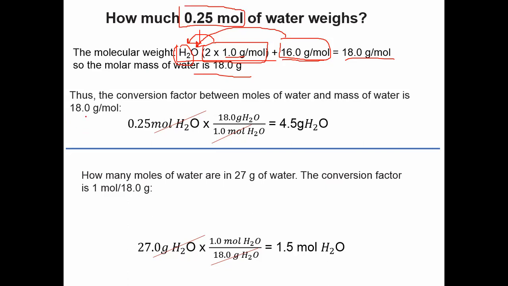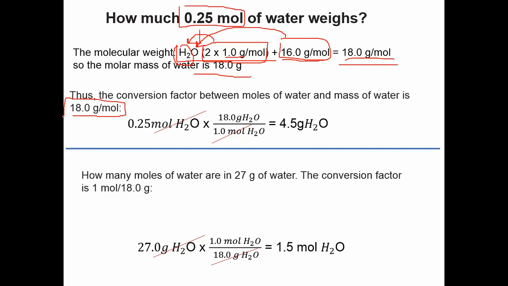We know the molar mass of water. By the way, how we get the molar mass of substances is we just add the components of that substance to each other, so we find the final molar mass of that substance. This is how we find out the molar weight of water.